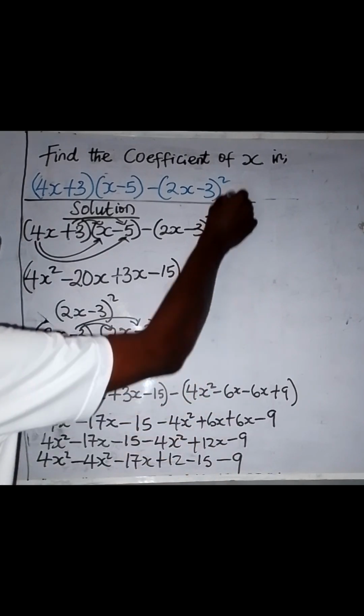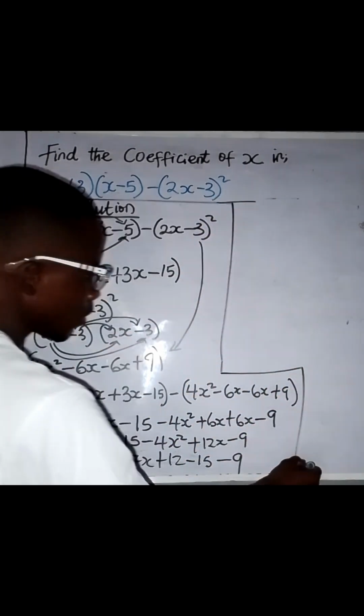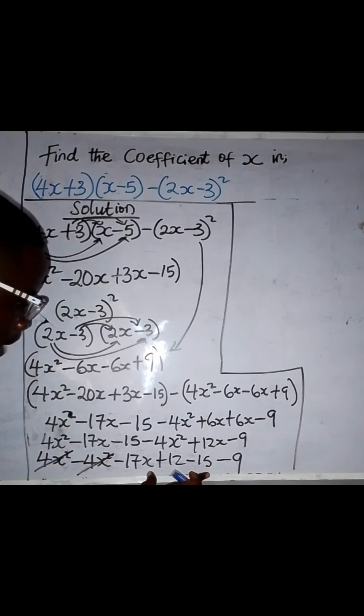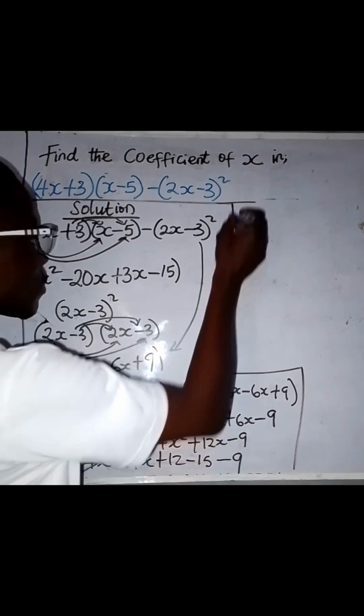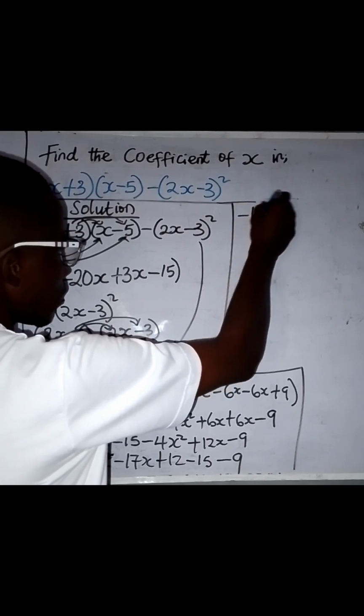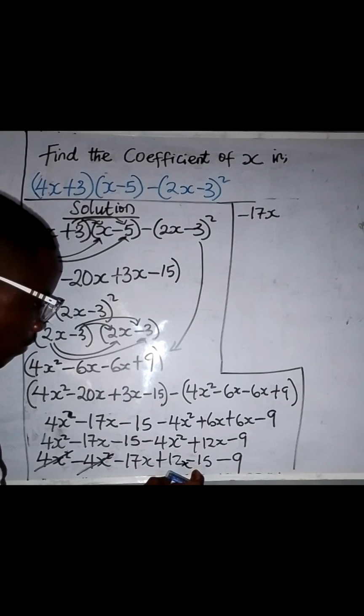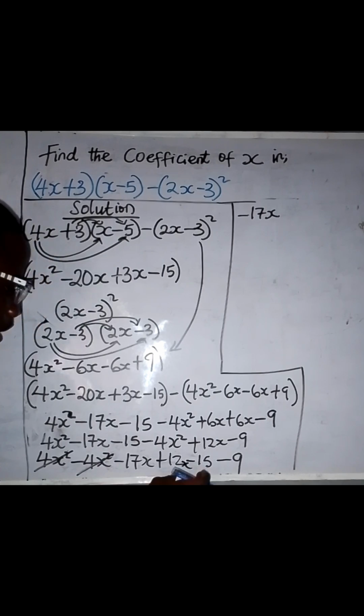Okay, so let's finish up the equation here. Now the 4x squared cancels the minus 4x squared. Let me bring back what I'm left with here: minus 17x plus 12x.